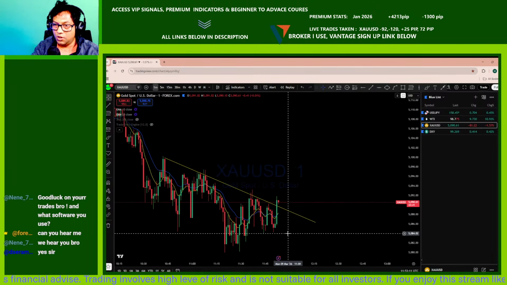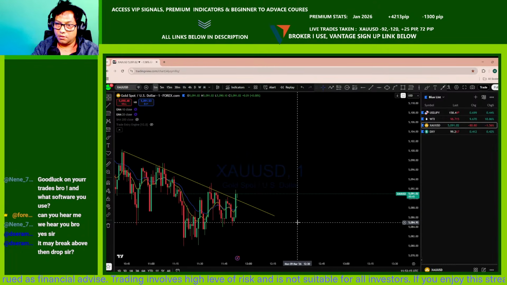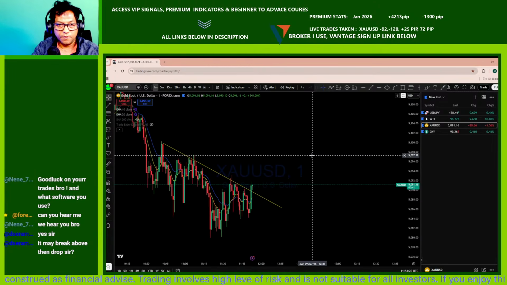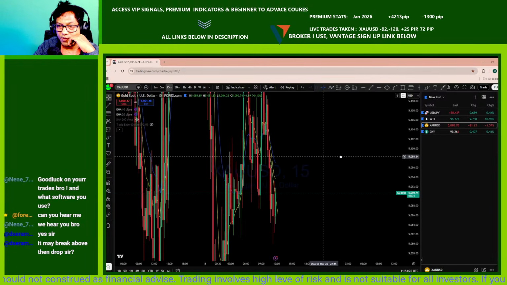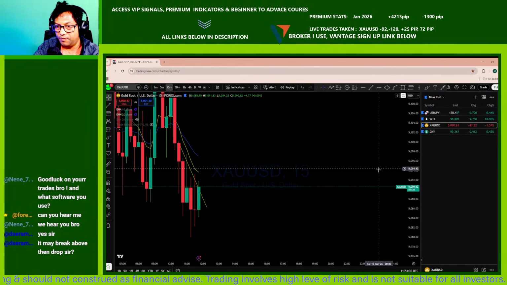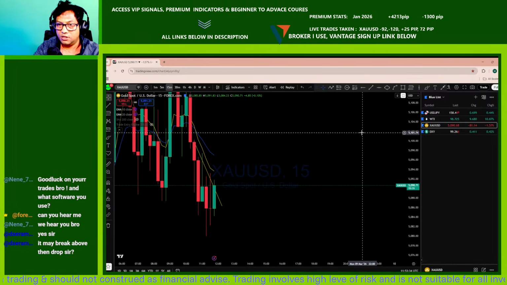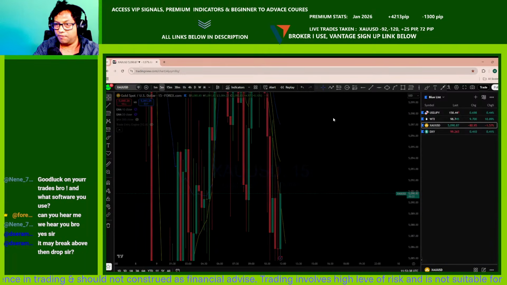So this is the 1 minute chart. It has broken the trend line. Now we will be looking to see if the market from this trend line is getting back below, or if it's bouncing off that for a deeper pullback.